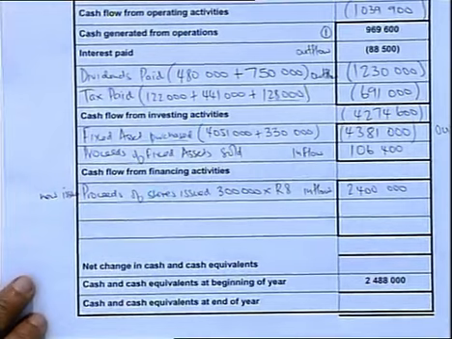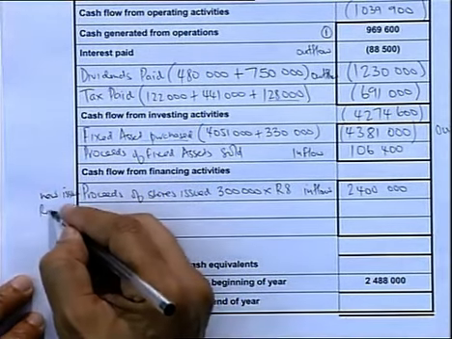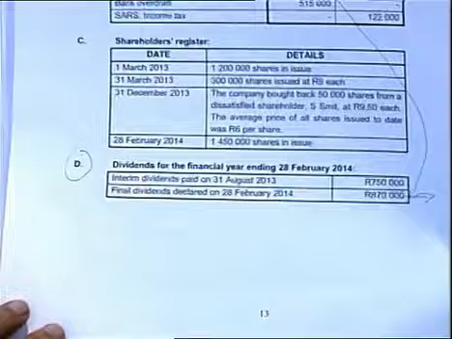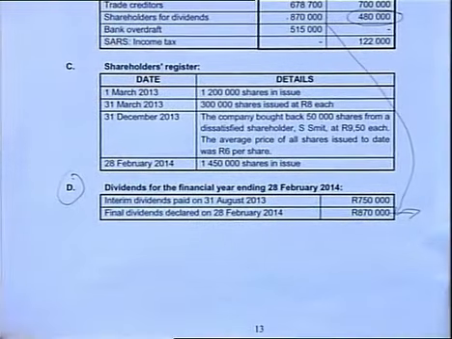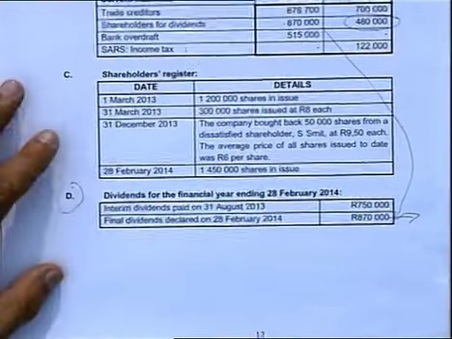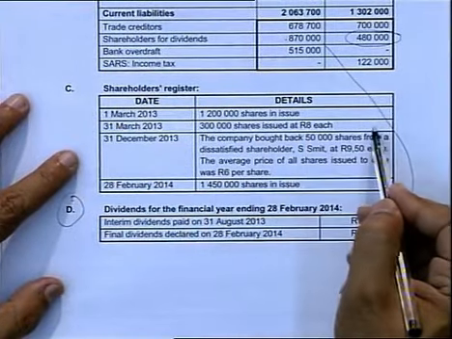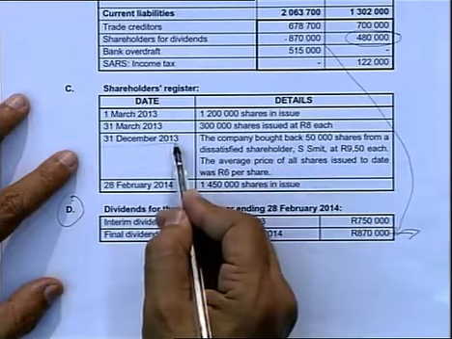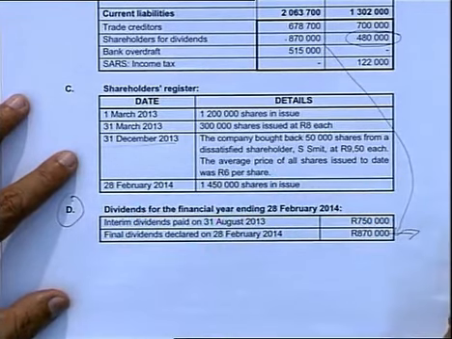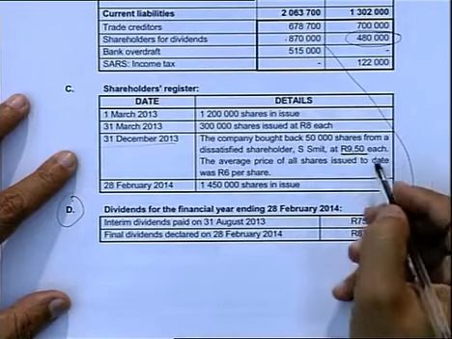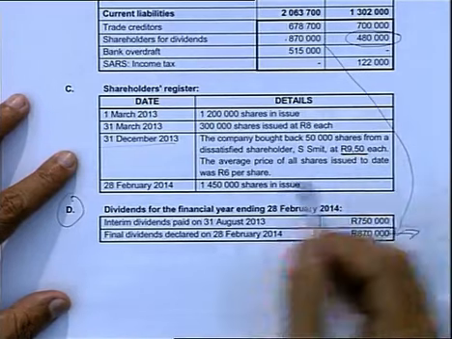What can also happen is we can repurchase. So we need to check in the information to see whether we have repurchased any shares. Right, on the 31st, it was 300,000 issued at 8 Rand. That was the new issue. On the 31st of December, it says the company bought back 50,000 shares from a dissatisfied shareholder, S. Smith, at 9 Rand 50 each. So that was the buyback price that we need.